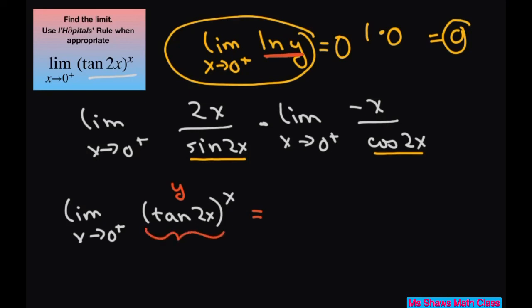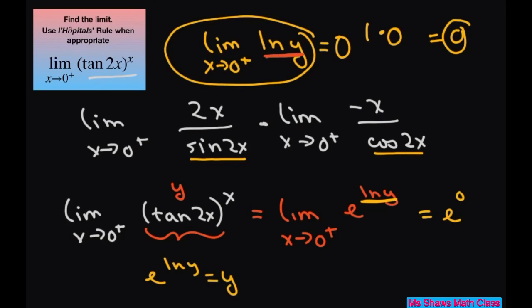It's the way we set it up, but we only know ln of y. So I can write this as the limit as x approaches 0 from the right of e to the power of ln of y, because e to the power of ln of y just equals y. But I have the answer for this, and that is e to the 0 power, which equals 1. So the answer to our problem is 1.